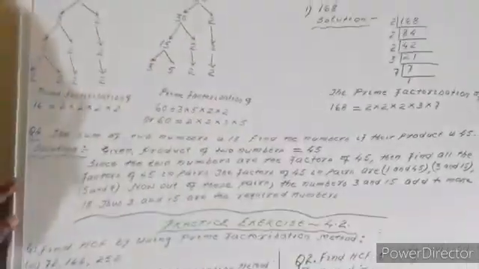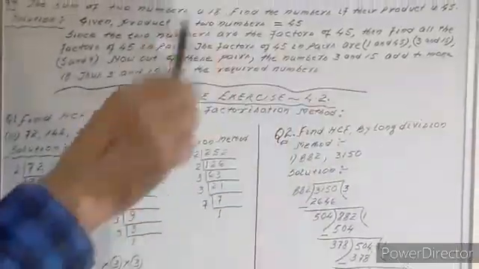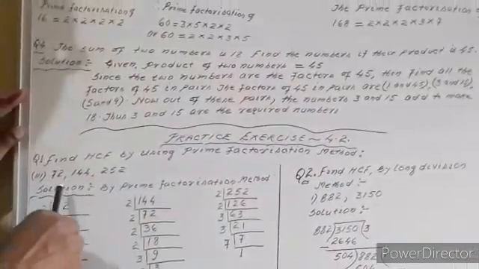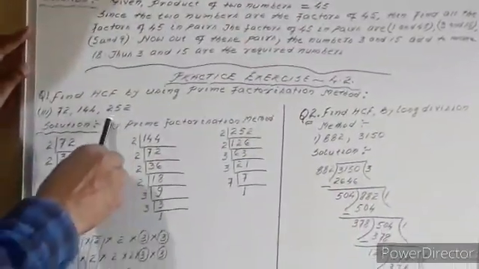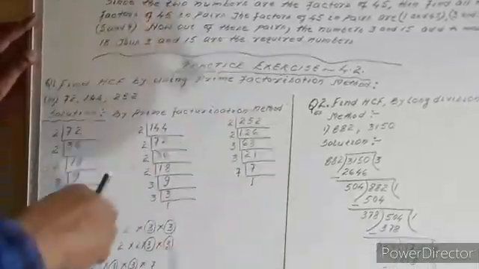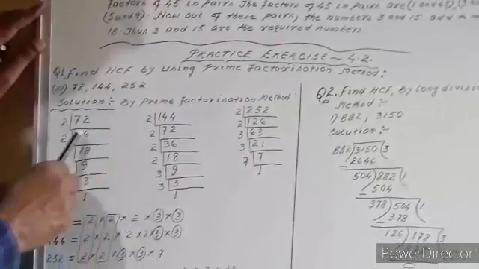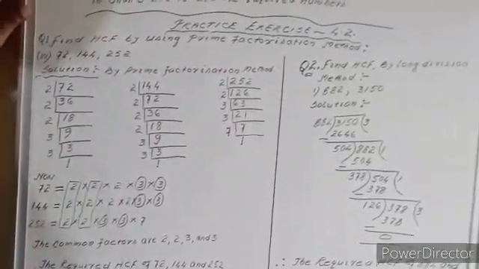Moving on to another exercise, practice exercise 4.2, as I stated already in our previous class. I am going to determine the HCF of 72, 144 and 252. As I did yesterday, with 2 you go on dividing the numbers and get the prime factors of all those numbers.